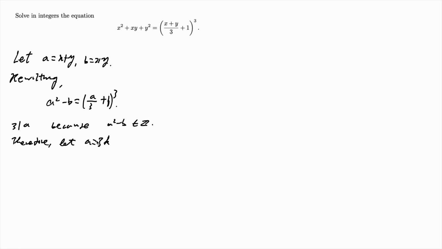Then substituting, we have 9k squared minus b equals (k plus 1) cubed, which is equal to k cubed plus 3k squared plus 3k plus 1. Therefore, b equals negative k cubed plus 6k squared minus 3k minus 1.